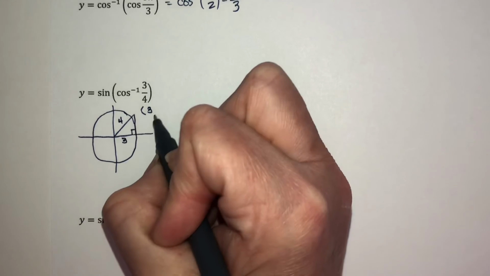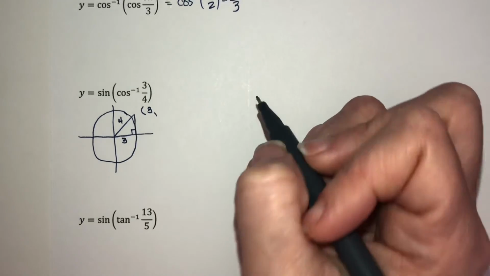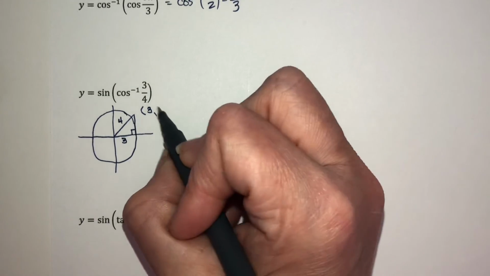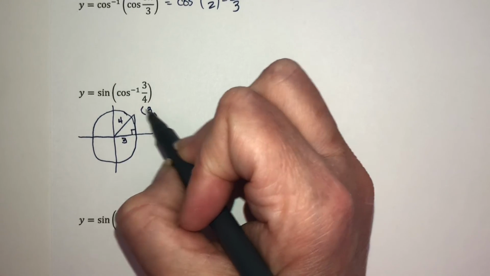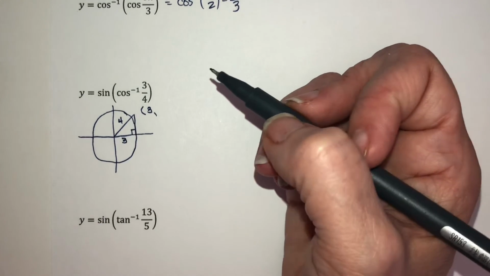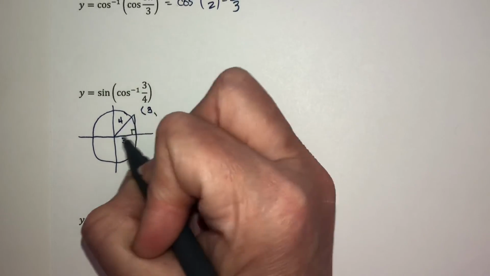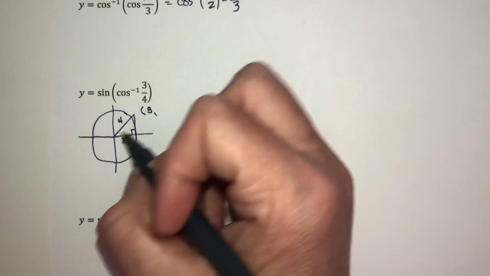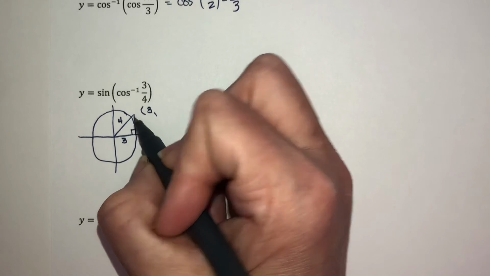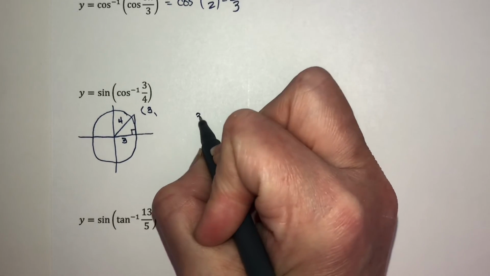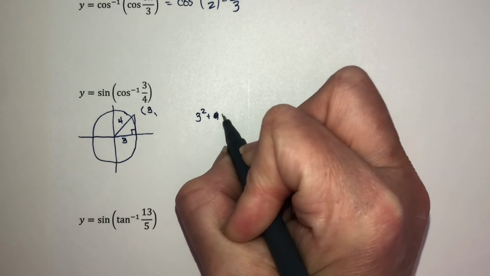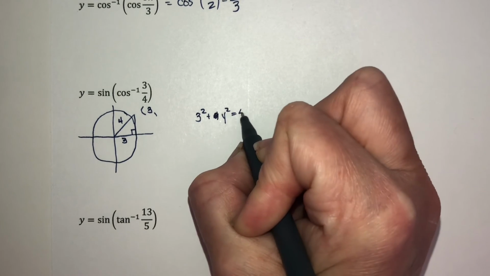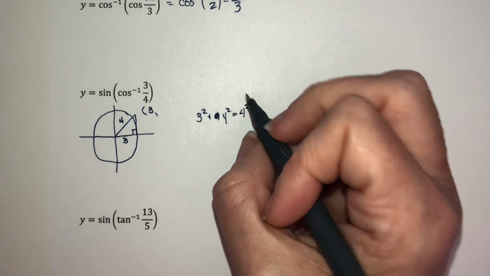So this is 3, and I don't know what this value is right here. But if I'm going to find sine of it, sine is going to be your y coordinate over 4. Well, I have a right triangle here, so I can use the Pythagorean theorem to find the length of the side. That's going to be 3 squared plus y squared equals 4 squared.